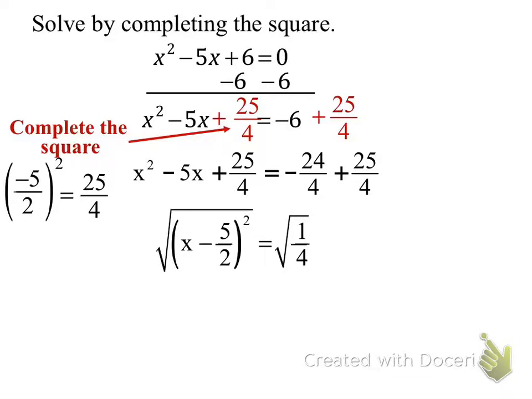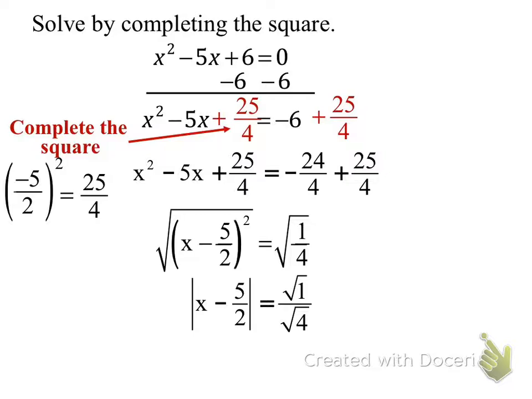Now, the left side becomes the absolute value of x minus 5 over 2, and the square root of 1 and the square root of 4 gives 1 over 2. I would just probably go right to that.